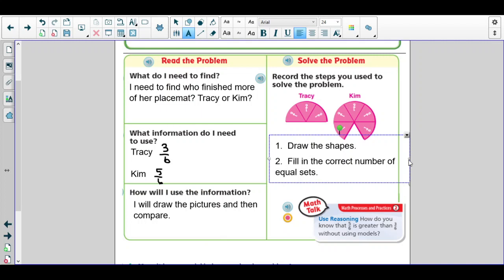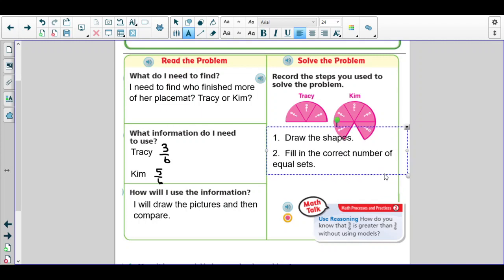We got to make sure that we have equal divisions within all of them. All right, and then finally, compare the 2 shapes.